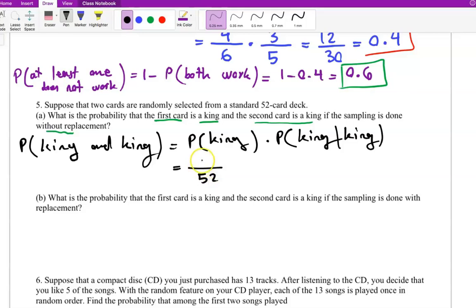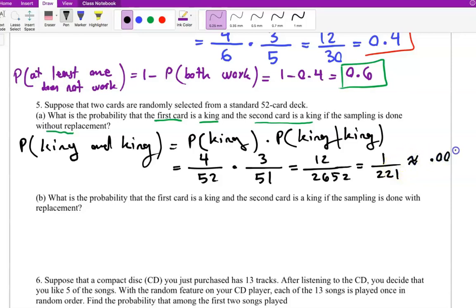Sample space is 52, and in total we have 4 kings, multiplied by, since this is without replacement, I'm not replacing the first card into our sample space. So now I have 4 minus 1 is 3, and 52 minus 1 is 51 for the second try. Now multiply, we have 12 divided by 2652. That's equal to 1 over 221. Okay, that's the answer.